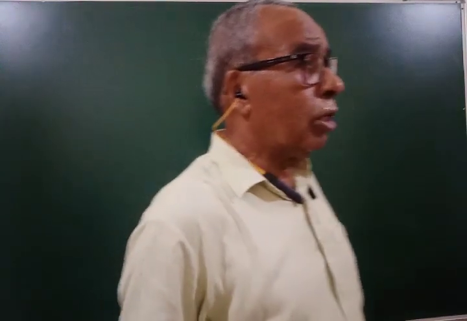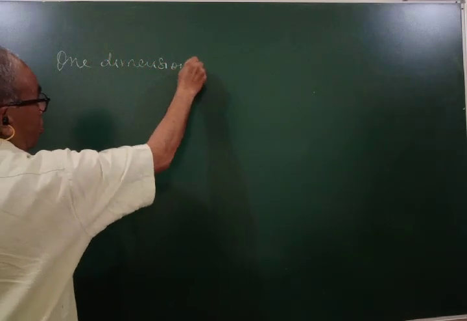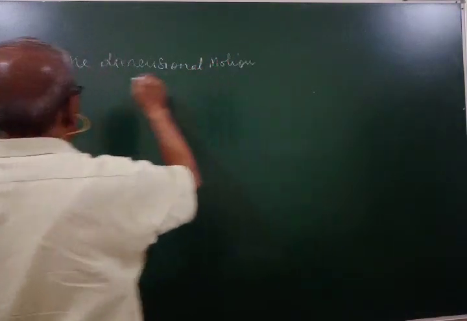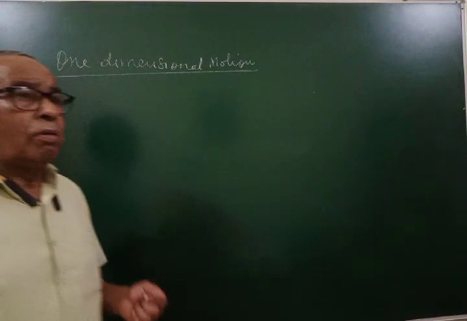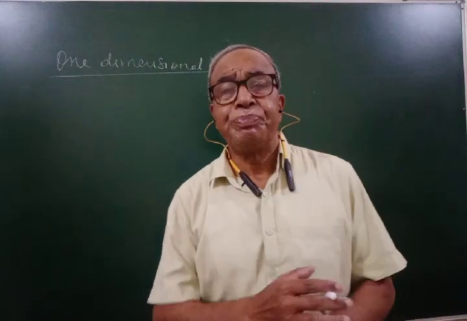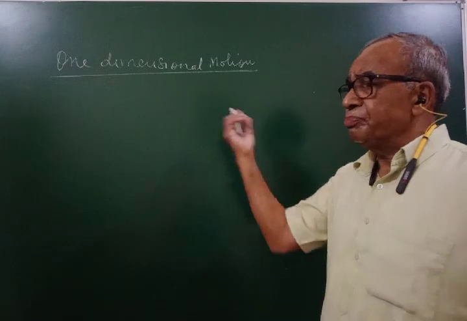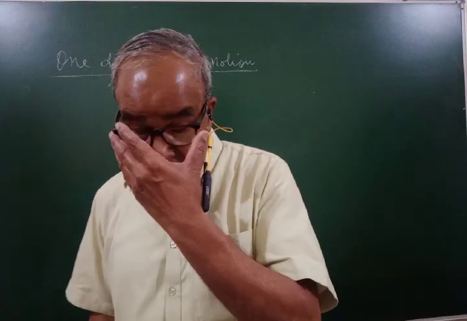Now, there are concepts of one-dimensional motion, two-dimensional motion, and three-dimensional motion. One-dimensional motion. Actually, the position of a body is told with respect to some reference point which is called the origin and some set of axes.